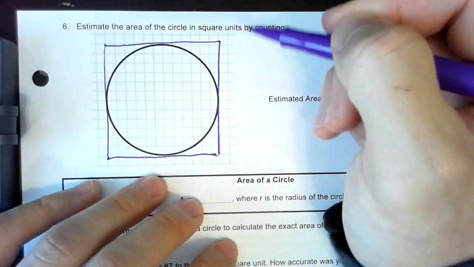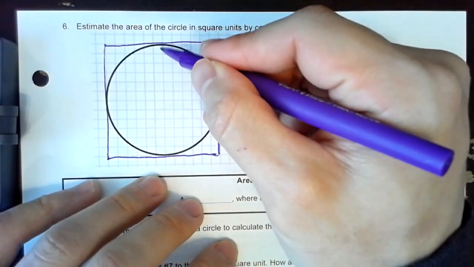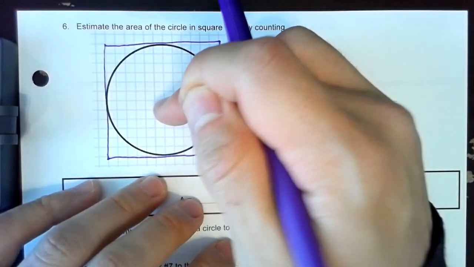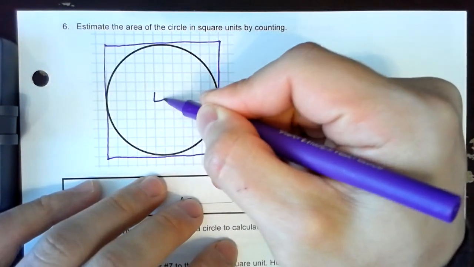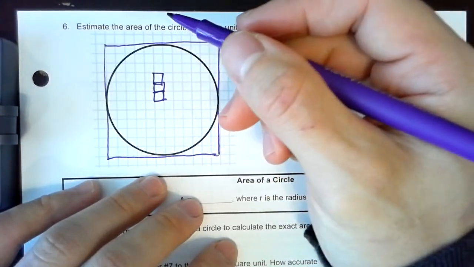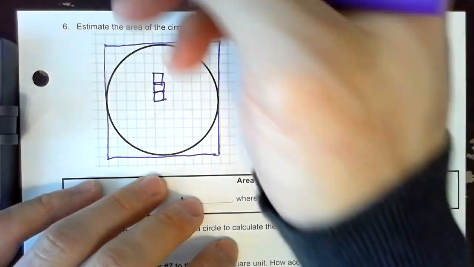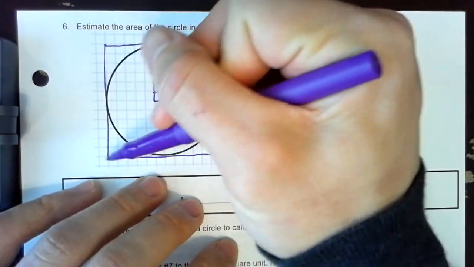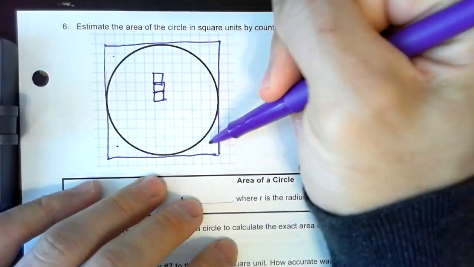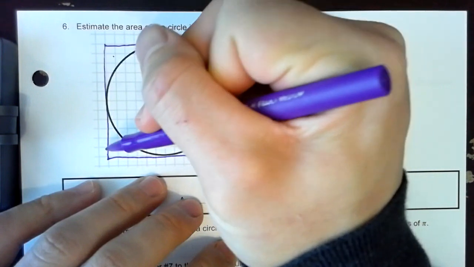That's a little bit time intensive and tedious, but you can literally count all the boxes because every box is considered one square unit, right? So you just count all the total boxes. But I would say the easiest route would be to calculate the square and then subtract four of these little corners. So I'm going to go ahead and do that.